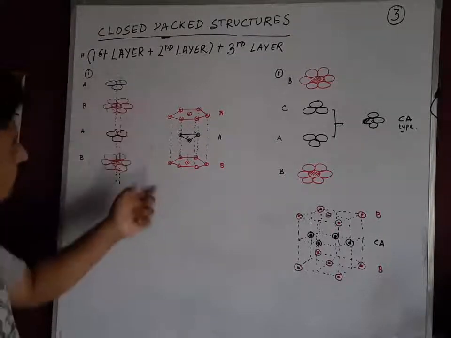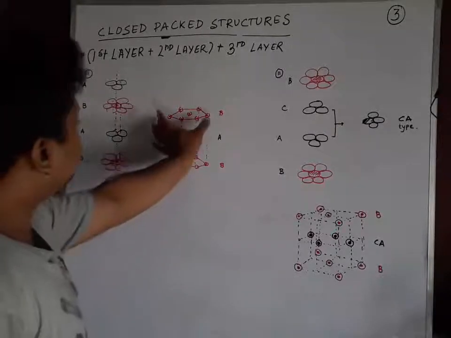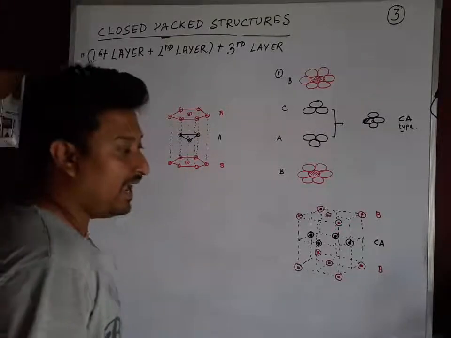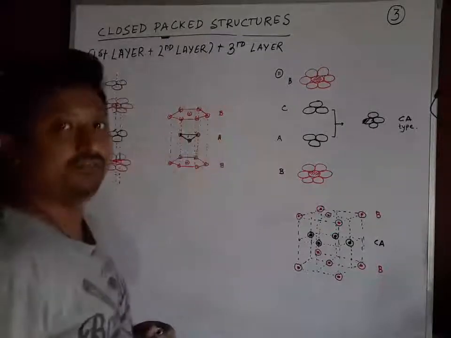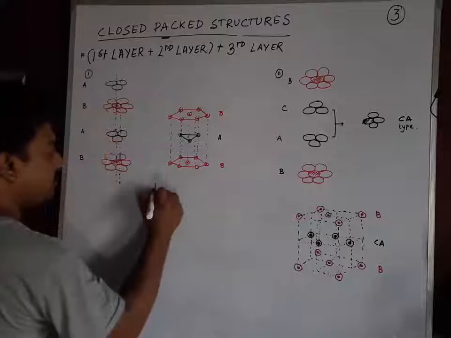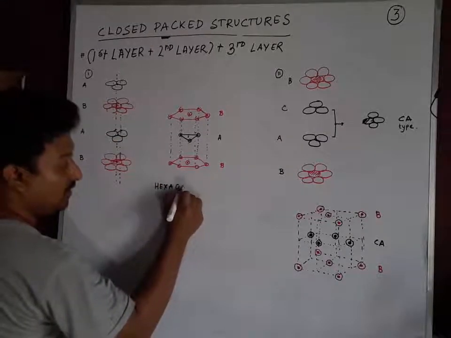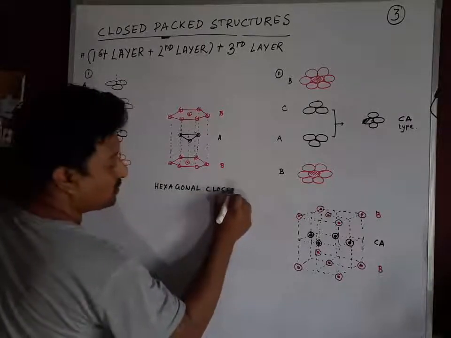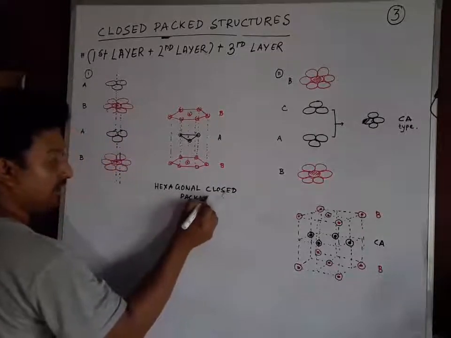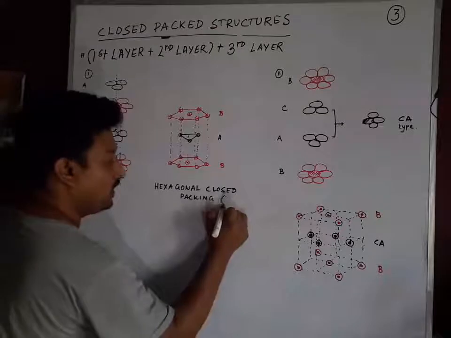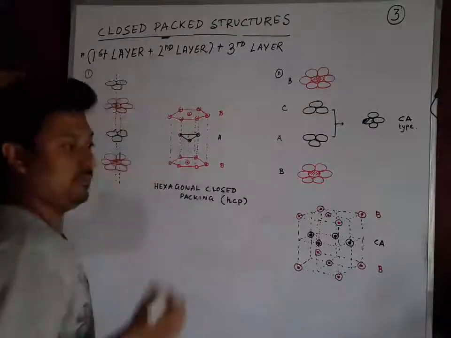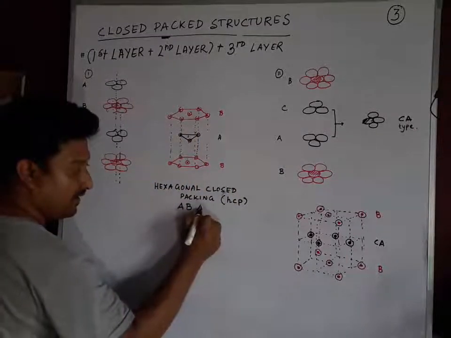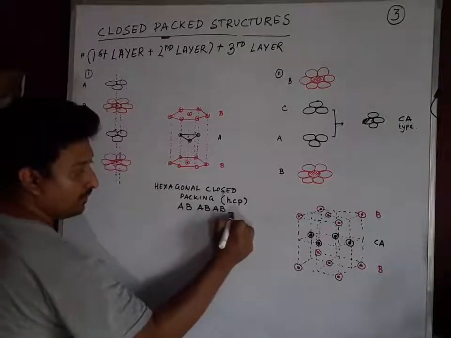This kind of crystal structure forms a hexagonal structure, and this sort of arrangement of this three-dimensional crystalline system is called hexagonal close packing, or in short, it's known as HCP crystal arrangement. So this is the AB type.